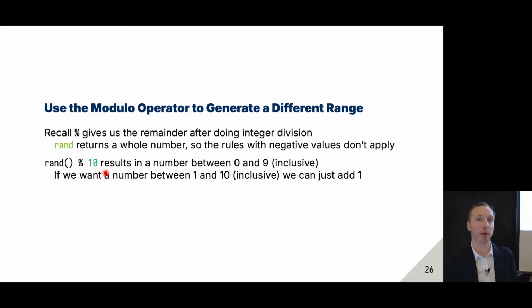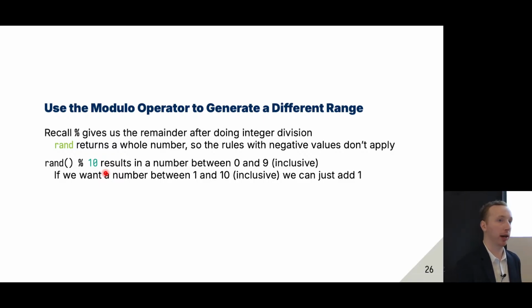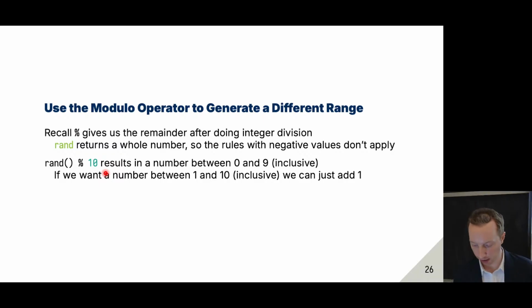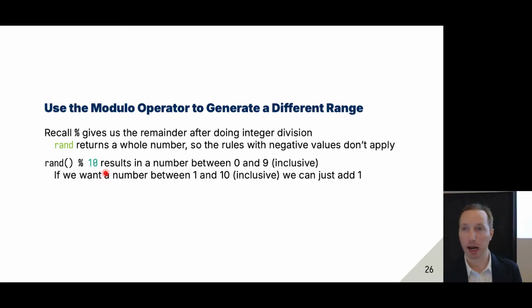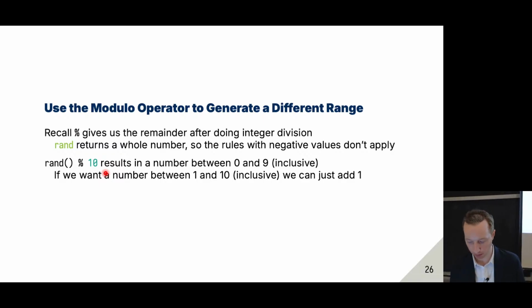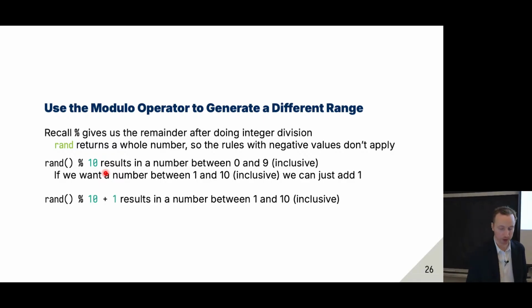That will give us always a number between 0 and 9. So we just take that result and then add 1 to it. So in that case, we'll always get a number between 1 and 10. So you can use mod and adding to get any range of random numbers you want. So like I said, rand mod 10 plus 1 means we'll get a random number between 1 and 10.